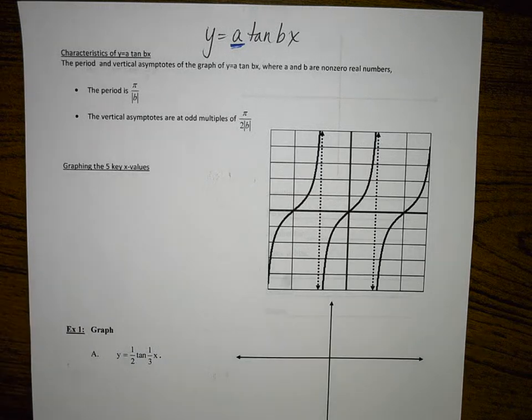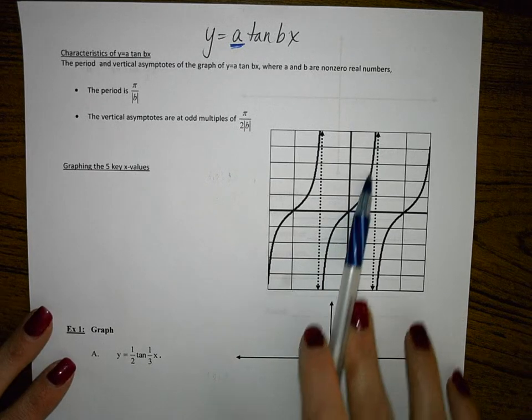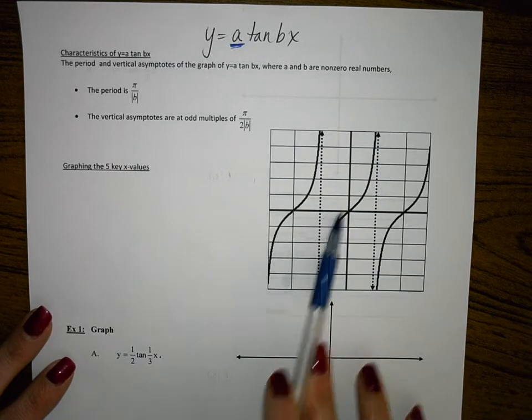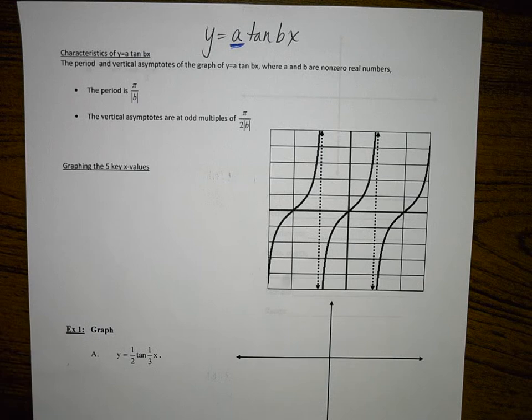We can't have one, because tangent doesn't have a maximum or a minimum. Tangent keeps going forever. I can't find half of the difference between the maximum and the minimum because they go infinitely to positive infinity and infinitely to negative infinity. So there is no amplitude with tangent.